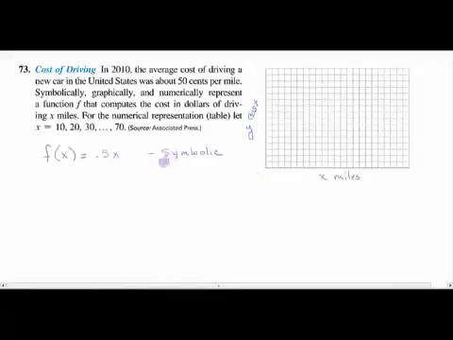Now it helps if we write this as a fraction when we go to graph this. If we write this as f of x equals 1/2 x, then we can recognize that this is the slope and the y-intercept is 0. So we'd have this point at the origin.